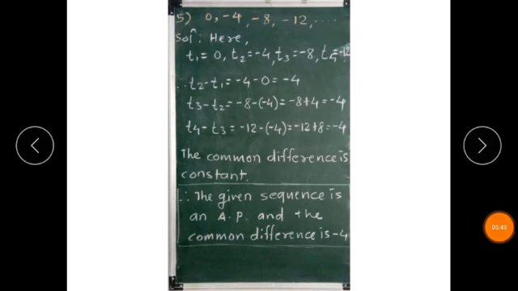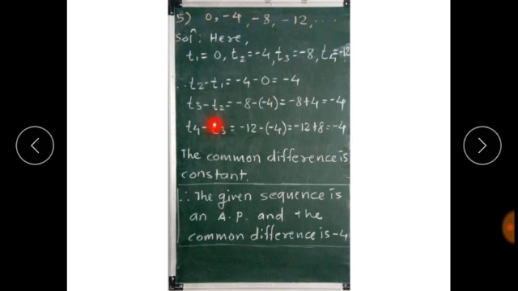Let us see the fifth question. The sequence is 0, minus 4, minus 8, minus 12, and so on. Here T1 is 0, T2 is minus 4, T3 is minus 8, T4 is minus 12. The difference between the first two terms, T2 minus T1, minus 4 minus 0, is equal to minus 4.